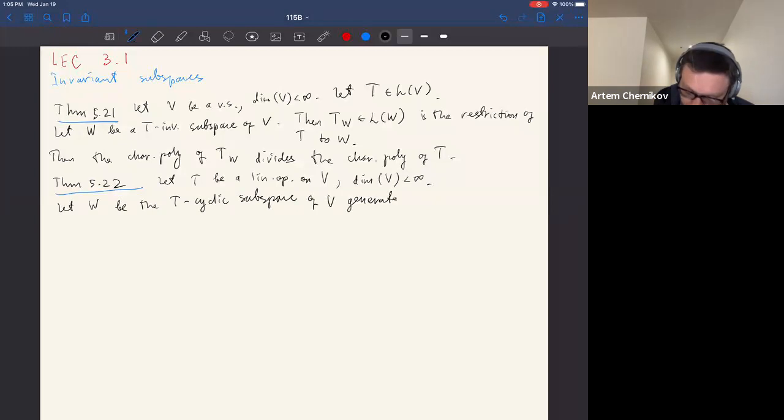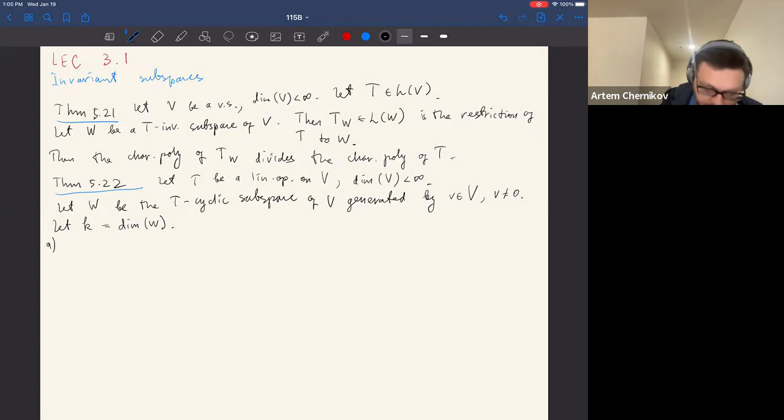Okay, so let's say generated by the vector little v in the space capital V, and this vector little v is non-zero. Okay, let us denote by k the dimension of W, the dimension of this cyclic subspace. Okay, then we have the following two claims.